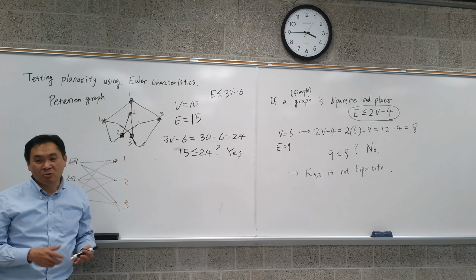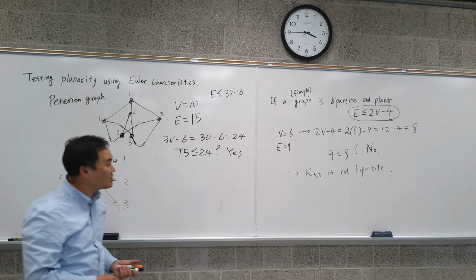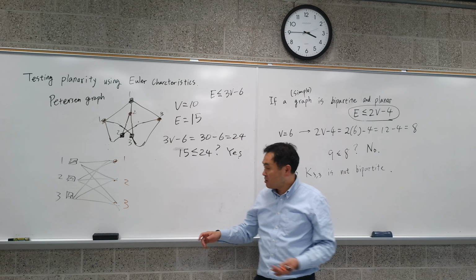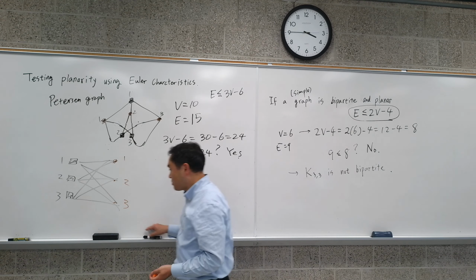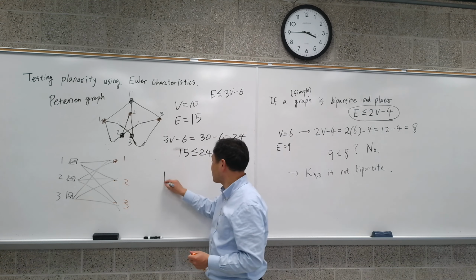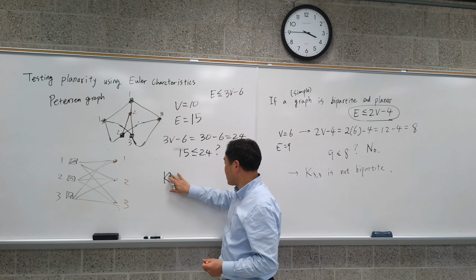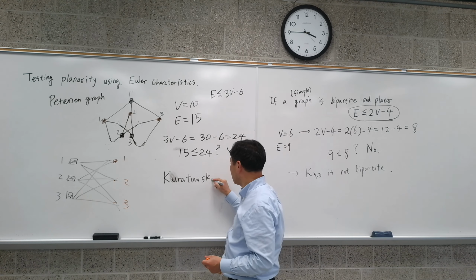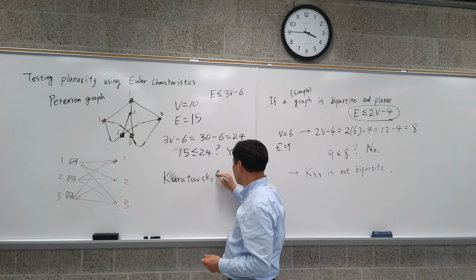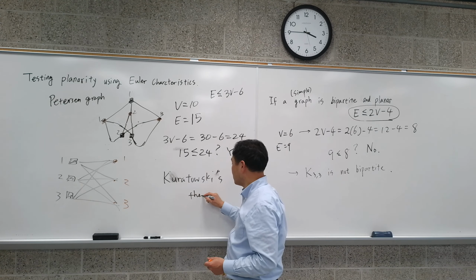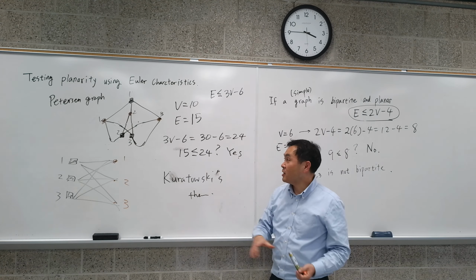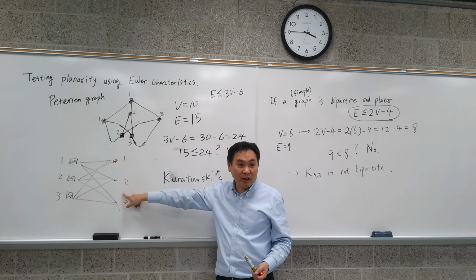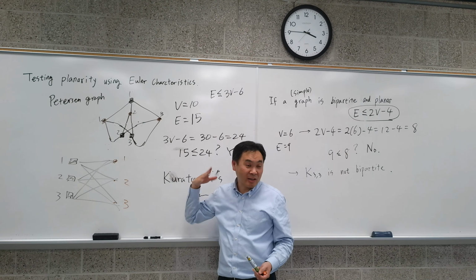Okay. So showing planarity is not an easy problem, even with Kuratowski's theorem, which says if a graph contains K33 or K5 like this, then it's not planar.